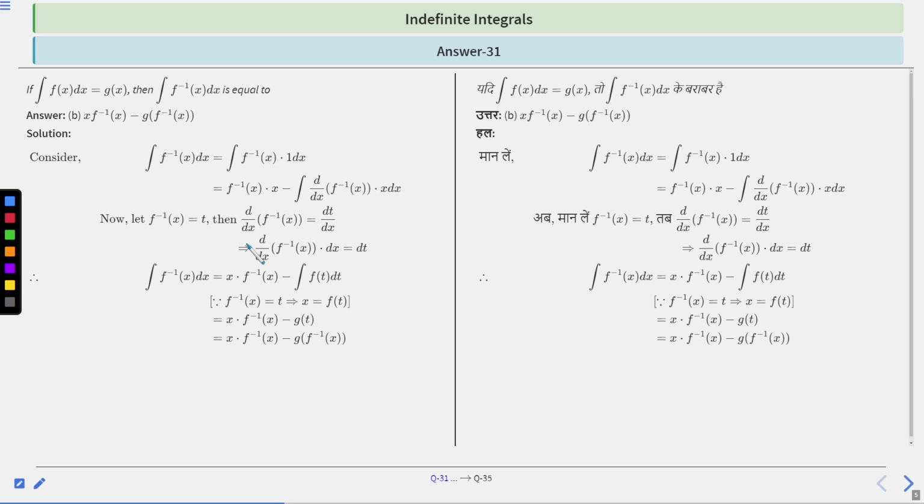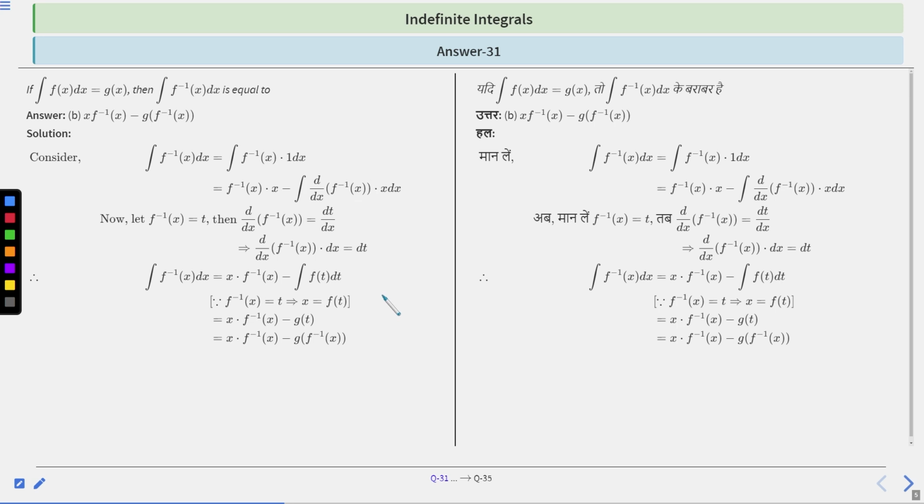So therefore, integration of f inverse x dx will be x into f inverse x minus integration of f(t) dt, because f inverse x is t, then x is basically f(t).